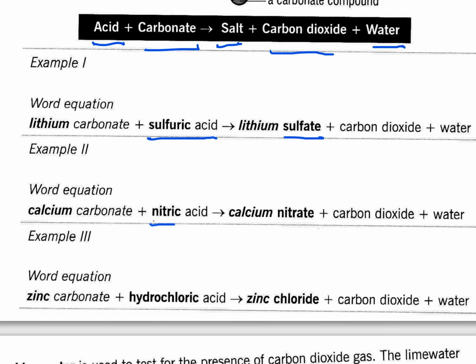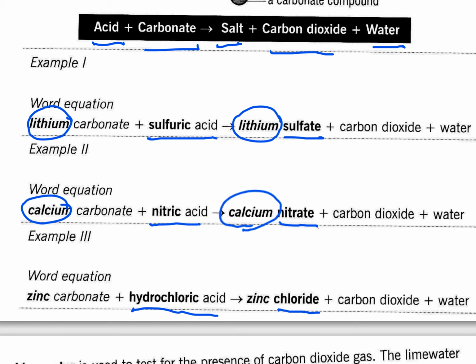If nitric acid is used, you will get a nitrate salt. If hydrochloric acid is used, you will get a chloride salt. And if the metal is lithium, then the salt begins with lithium. If the metal used is calcium, the salt first name is calcium. If zinc metal is used, the salt first name is zinc.